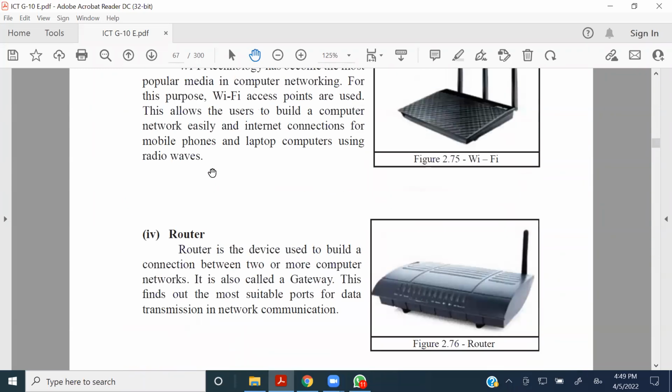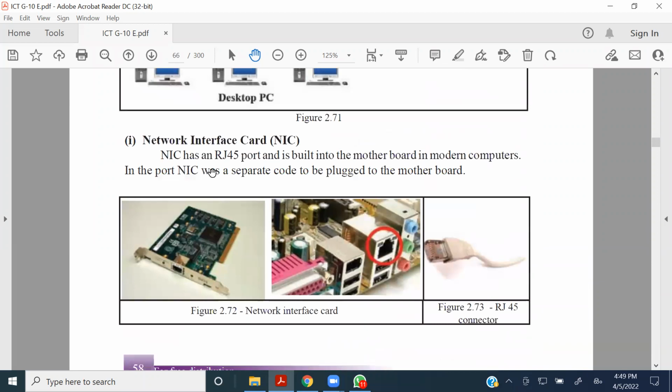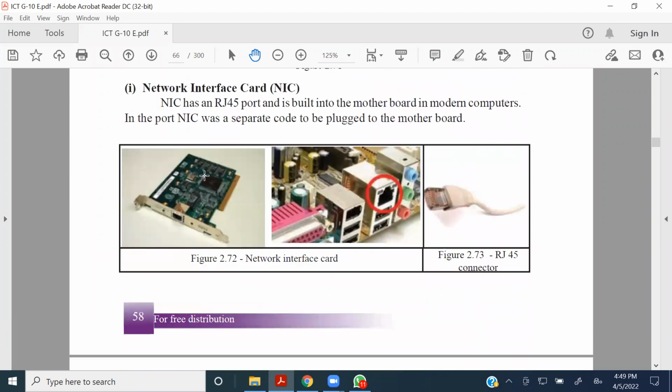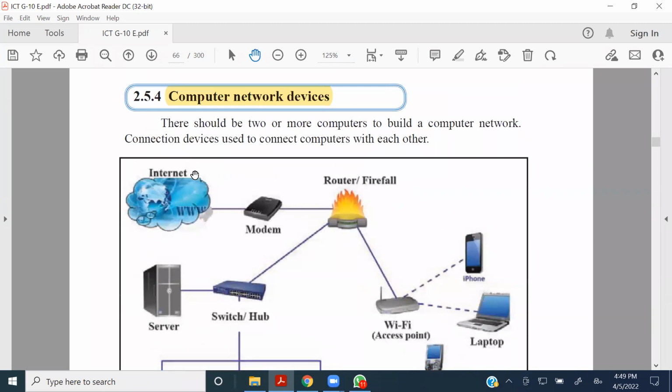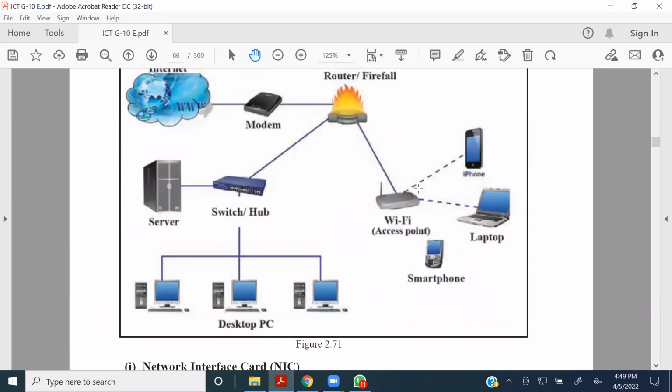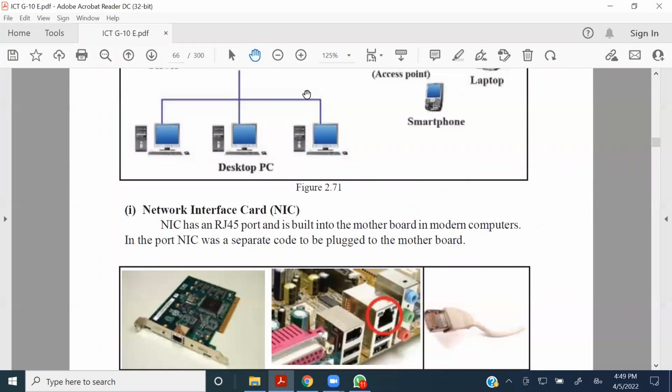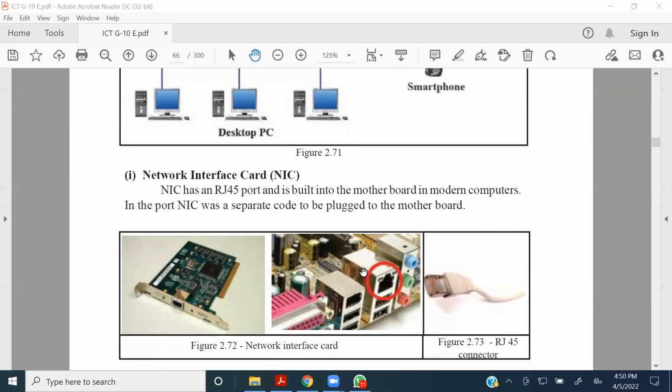Right, so let's quickly write about the network interface card since we have little time. So, computer network devices, you're going to draw this at home, right? Since even today we are having only 6 in the room, and the others are absent, let's end the session from here, right?